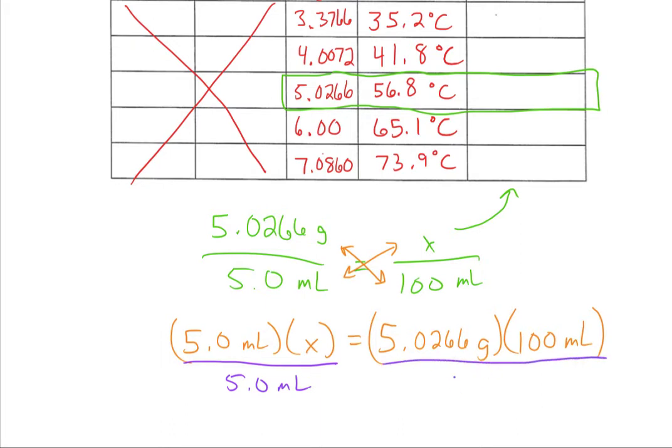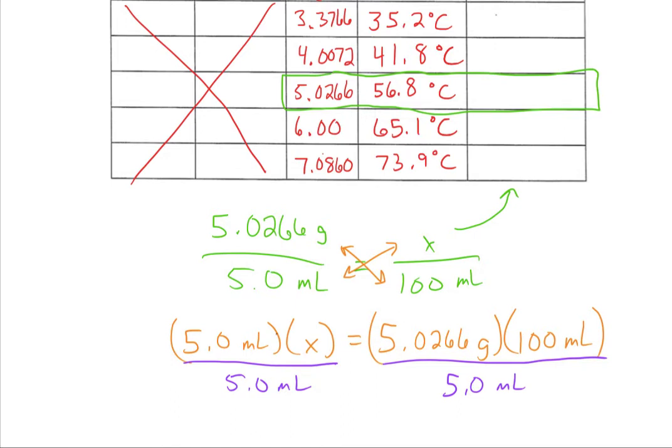What that means is that you're dividing by whatever value is associated with x. If you divide 5 milliliters on one side, you need to divide 5 milliliters on the other side. That maintains the equality in the expression.